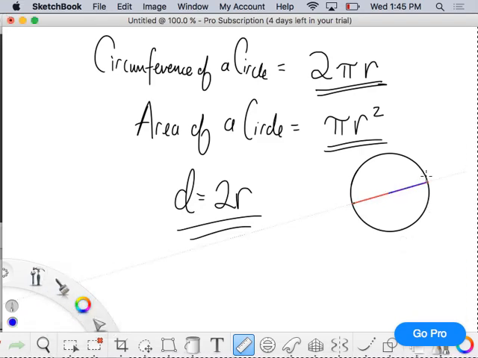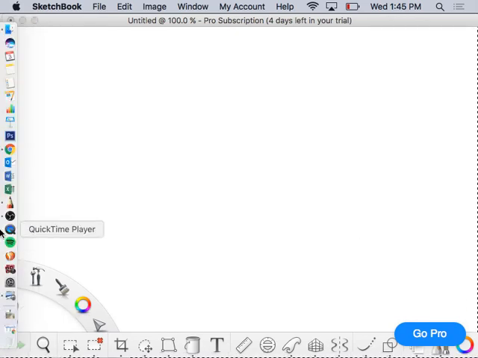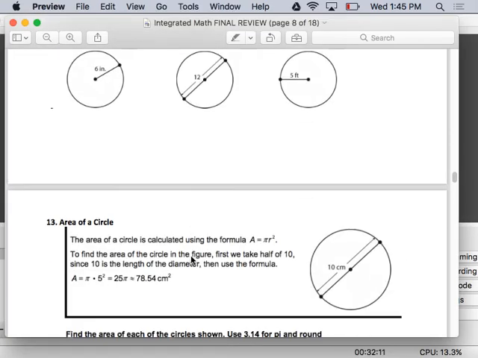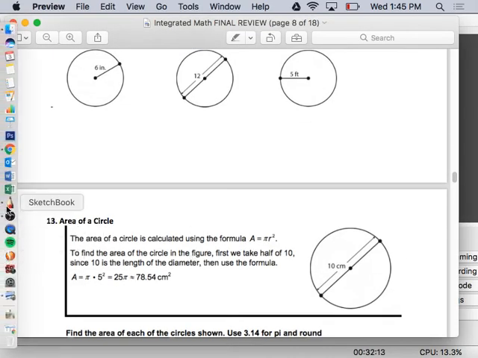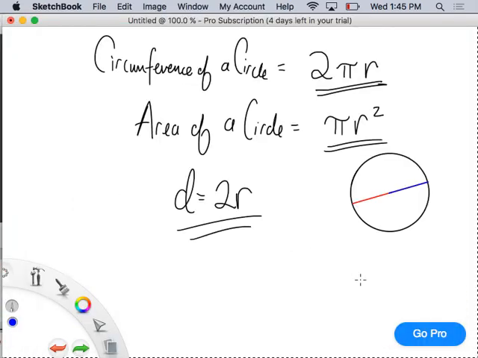You see? Does that make sense? Okay. We clear on that? We've known that for ages. Now, diameter equals 2 times the radius. Circumference of a circle is 2 pi r. Area of a circle is pi r squared.